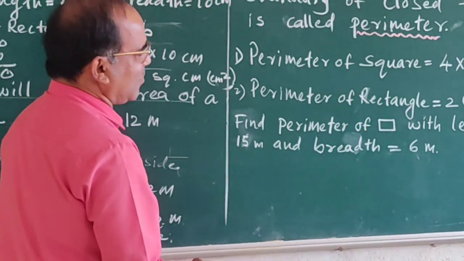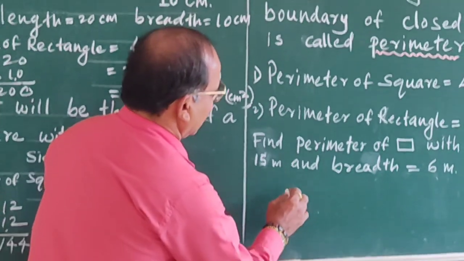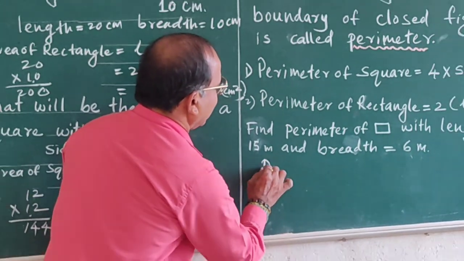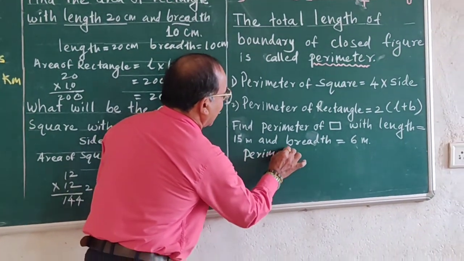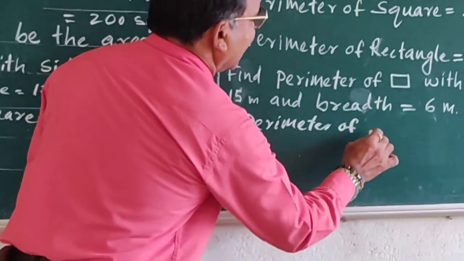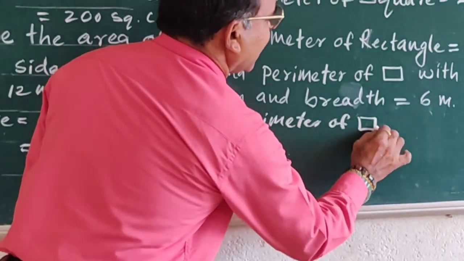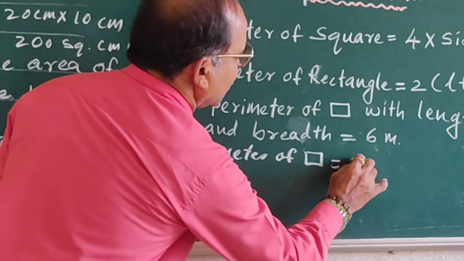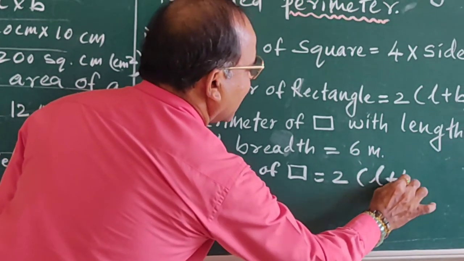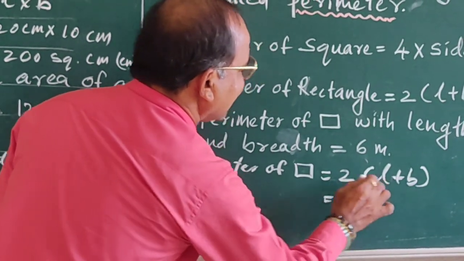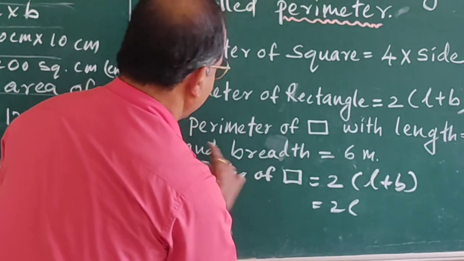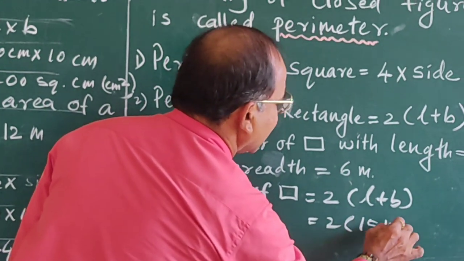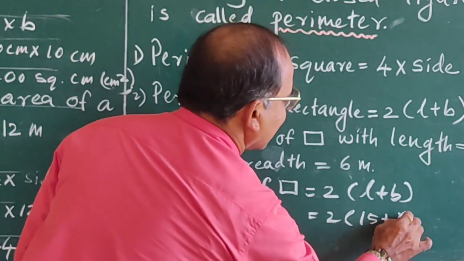First, you have to write the formula. Perimeter of rectangle, you can also write a symbol, is equal to 2 into bracket L plus B, is equal to 2 into, what is L? L is 15 meter plus breadth is 6 meter.